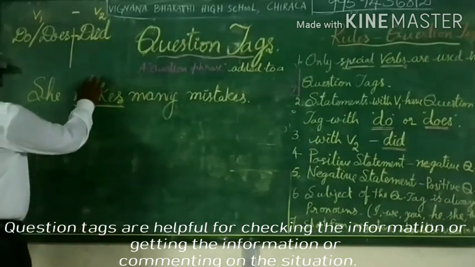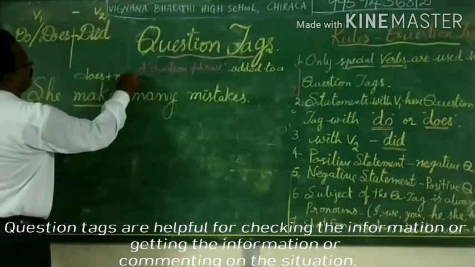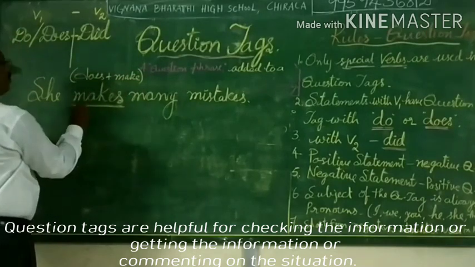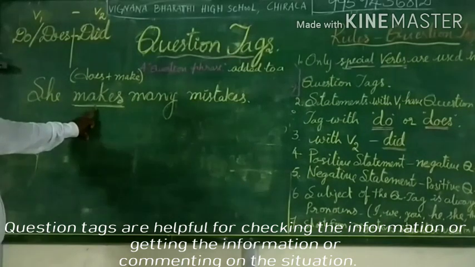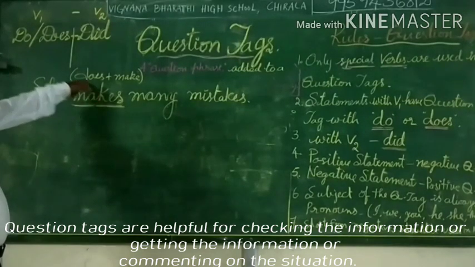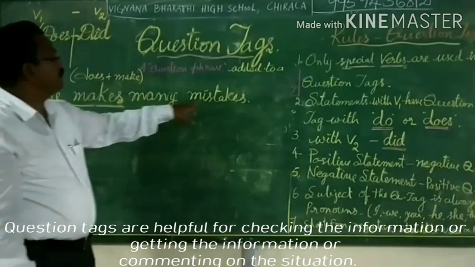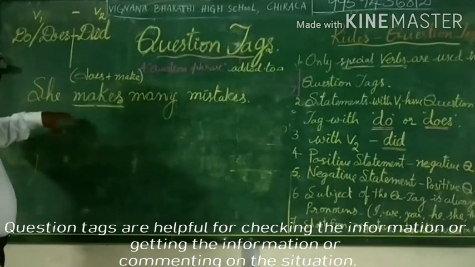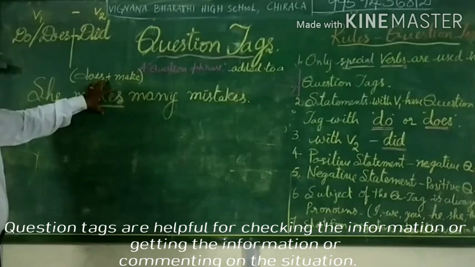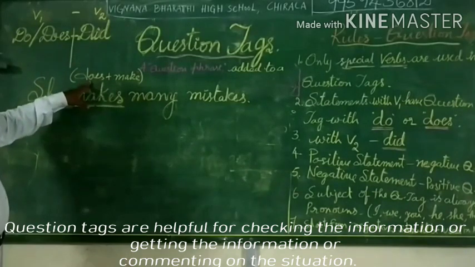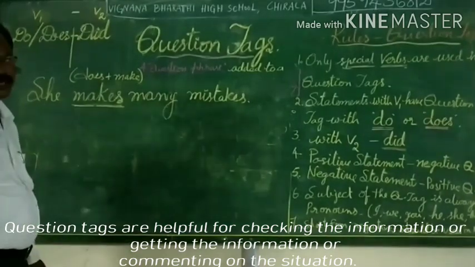Makes, does form, does plus make. So the special verb in the sentence makes is does, it comes under does form. So she makes many mistakes. The statement has the subject in pronoun, verb part in the present tense, that is in does form, but there is no negative sense.